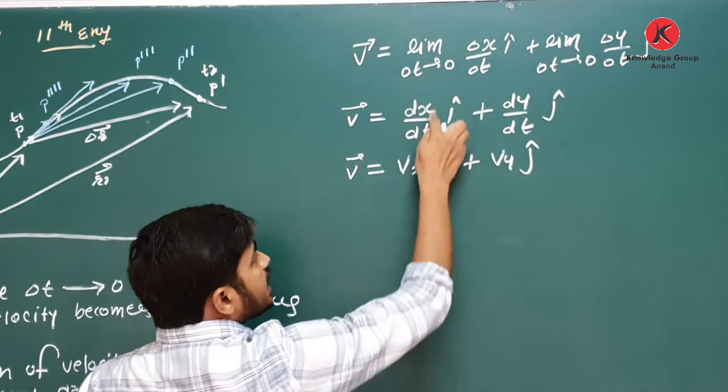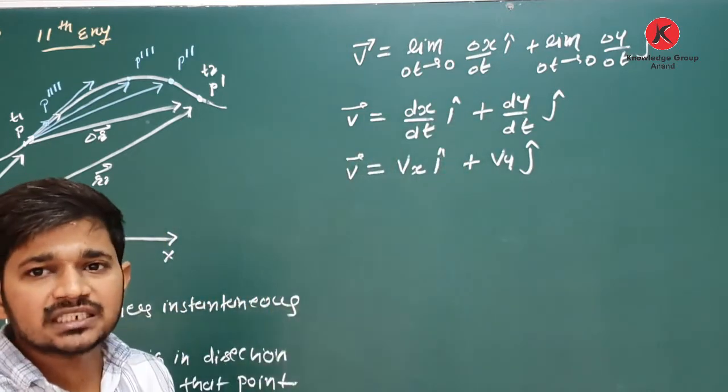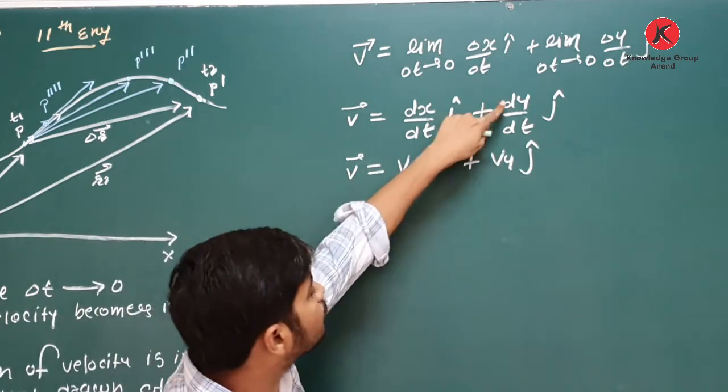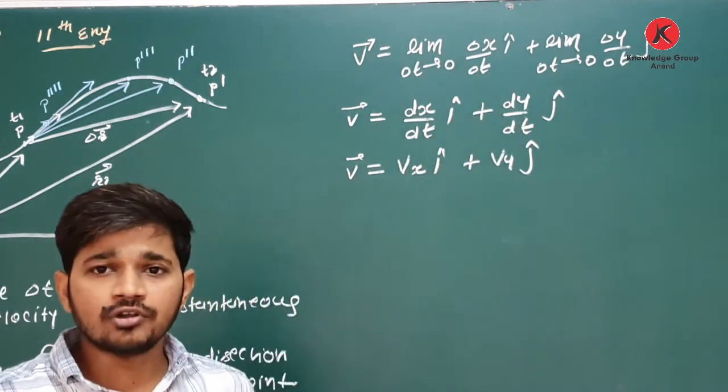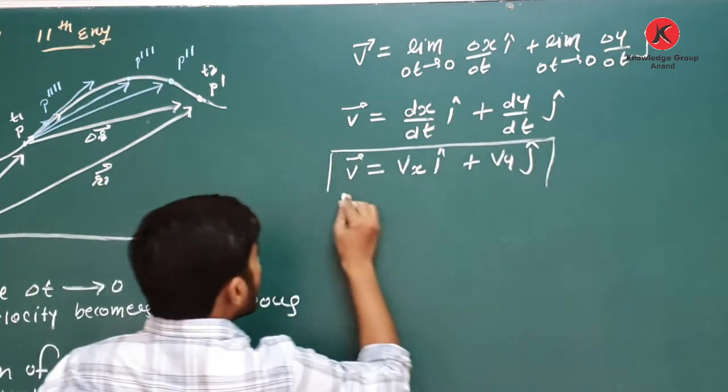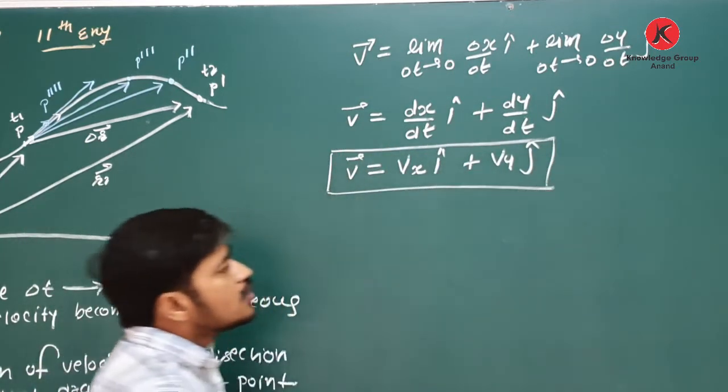Vx is equal to dx upon dt, derivative of the x component with respect to time. What is Vy? Derivative of y with respect to time. So yes, here is the equation of velocity. V is equal to Vx i plus Vy j.